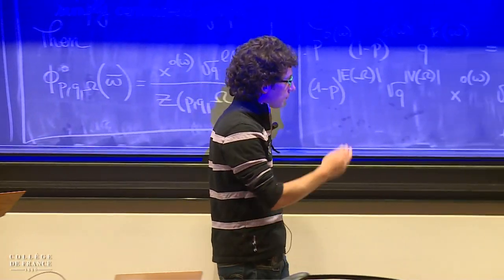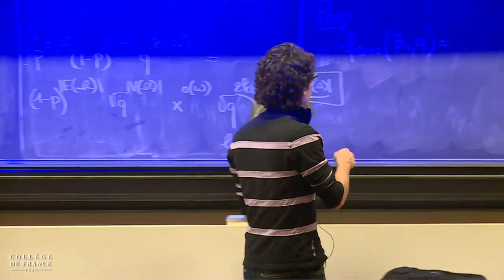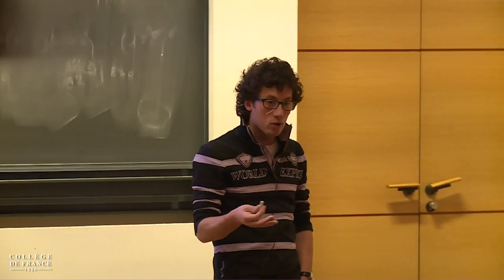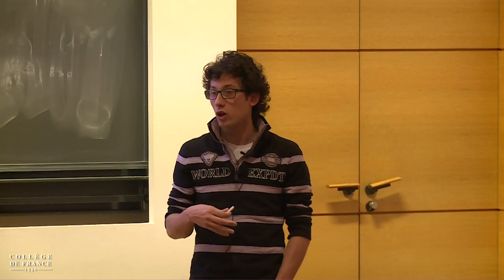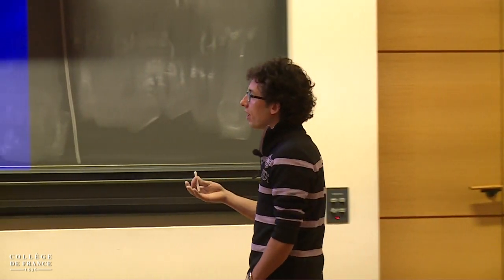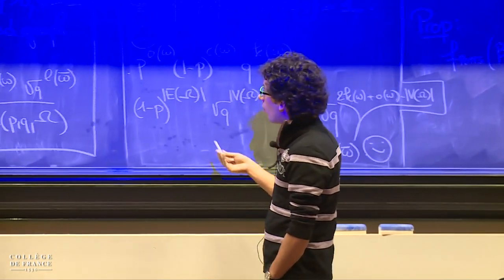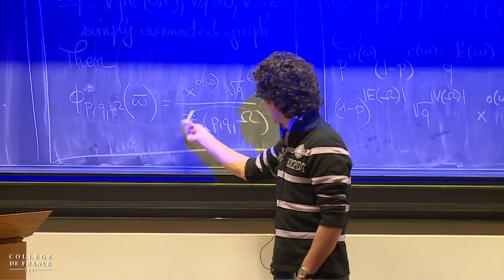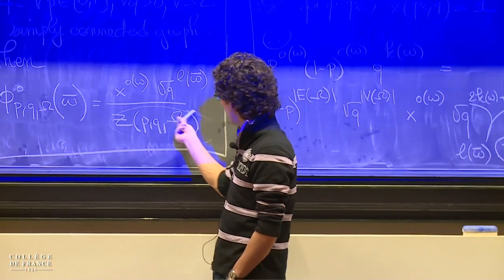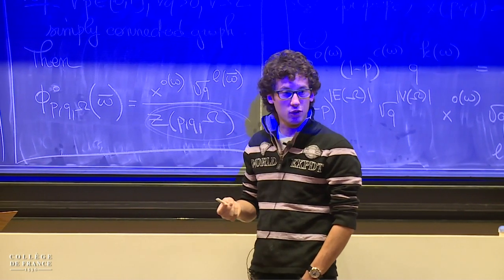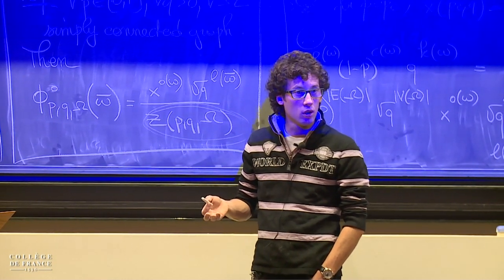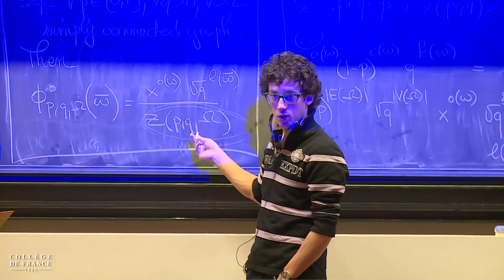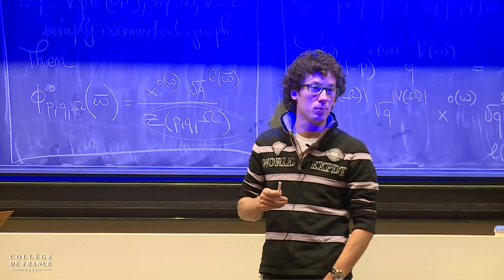For those who understand, the partition function of the Potts model, we saw that we could relate it to the partition function of the random cluster model. And you can fairly easily believe that this proof allows you to relate this quantity, which is kind of the partition function for the loop model, with the partition function for the random cluster model. So this partition function for the loop model is related to the partition function for the Potts model.